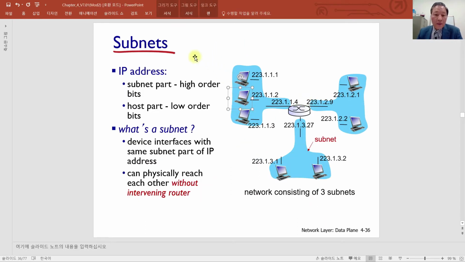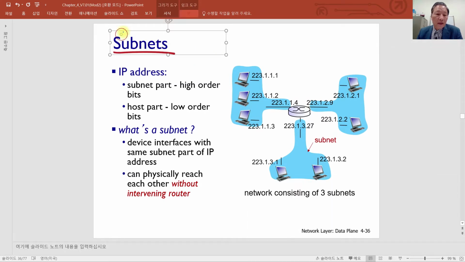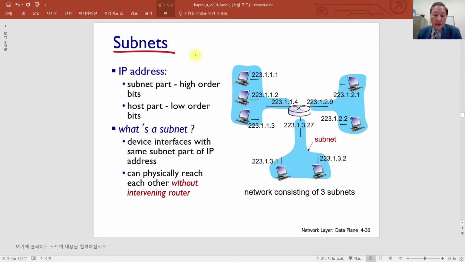And this one is explaining the topic of subnets. What is a subnet? If we consider an IP address, it is composed of a subnet part and a host part. This is the IP address, 4 bytes.